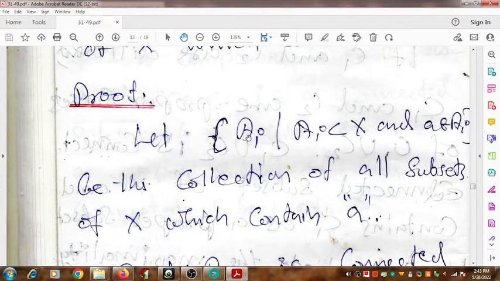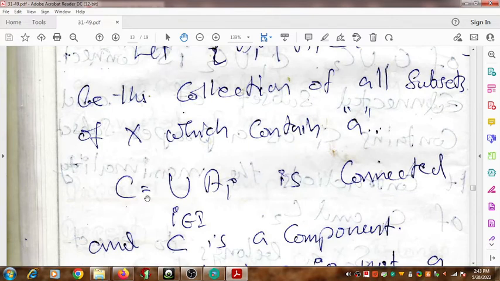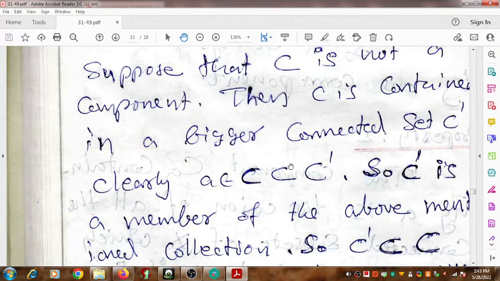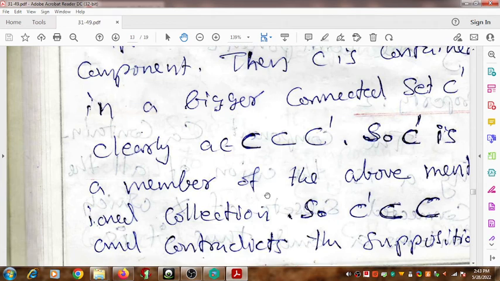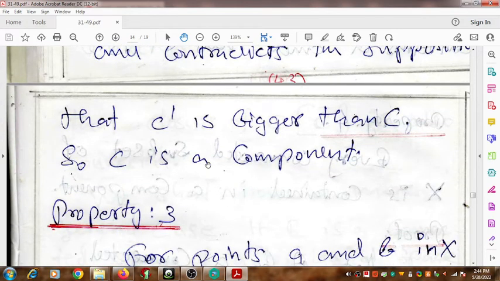Only those members we are considering to include in this family. So C prime must be present there, and since C prime is present there, when we take the union, that member C prime must be present on the right side in this union. As a result, C prime is a subset of C. So whenever there exists a bigger connected set which properly contains C and also contains A, then that new bigger set is a subset of C. So C equals C prime, and therefore C is maximal.